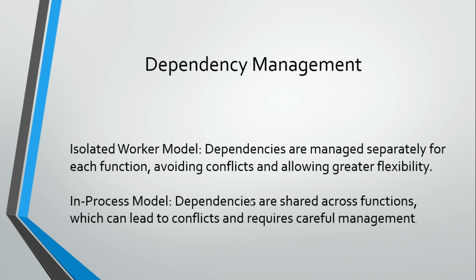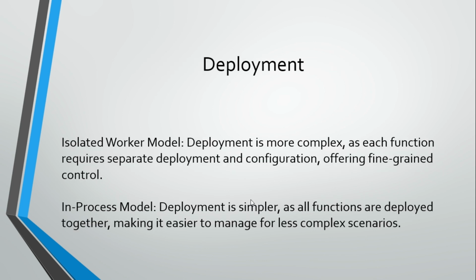Okay. Dependency management: in the isolated worker model, dependencies are managed separately for each function, avoiding conflicts and allowing greater flexibility. In the in-process model, the dependencies are shared across functions, which can lead to conflicts and require careful management. Deployment: the isolated worker model deployment is more complex, as in the same Azure function app you can have more than one Azure function, which may require different deployment configurations.